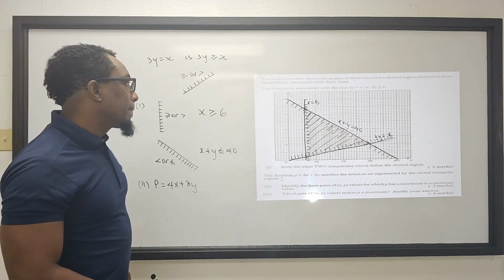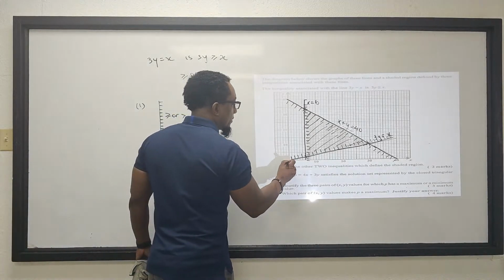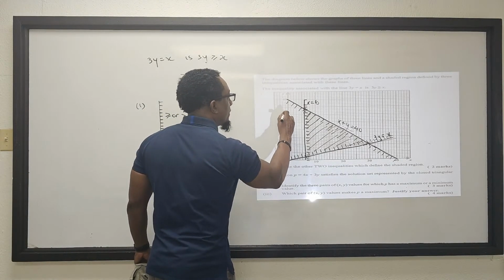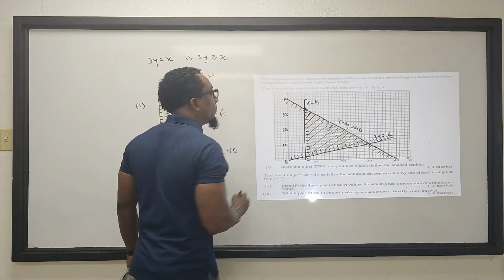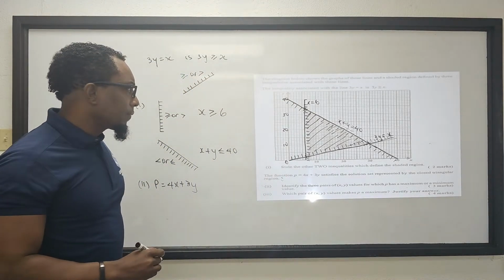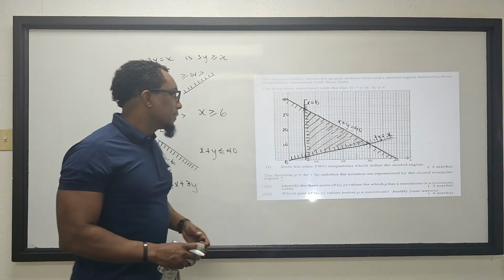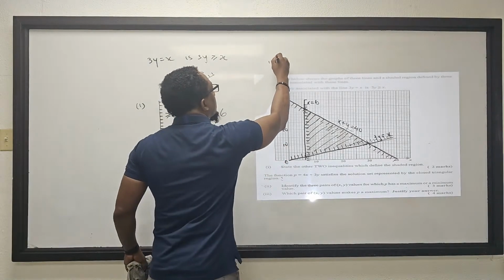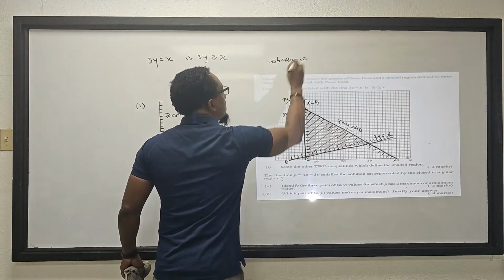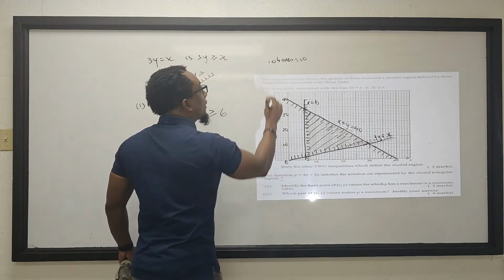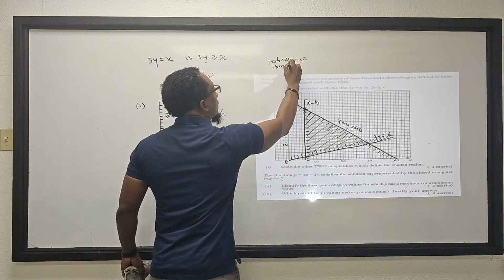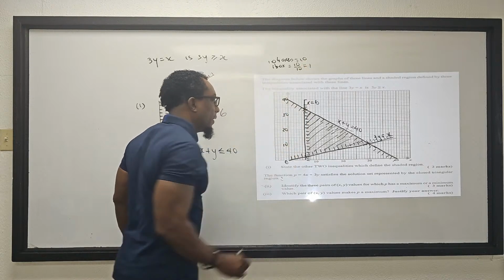This will be, of course, 0, 10, 20, 30, 40. So if 10 boxes is equal to 10 units, then one box will be 10 over 10, which is 1 unit.